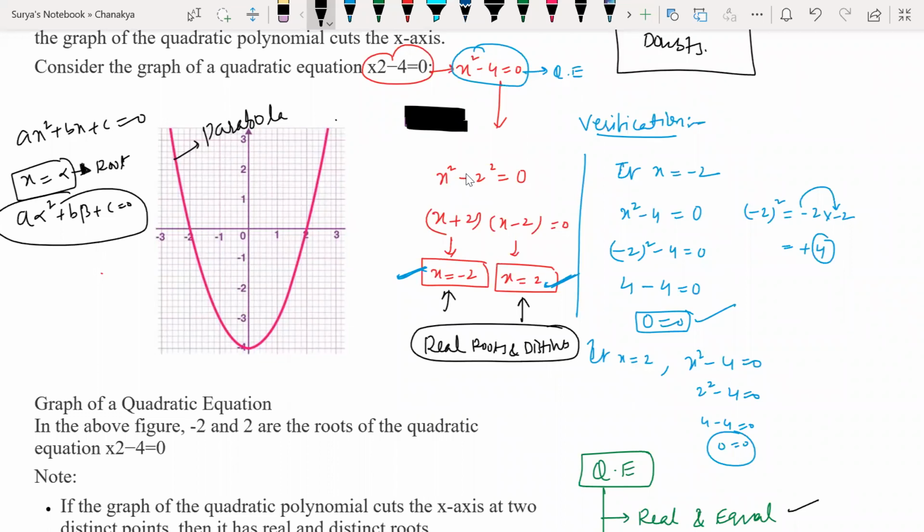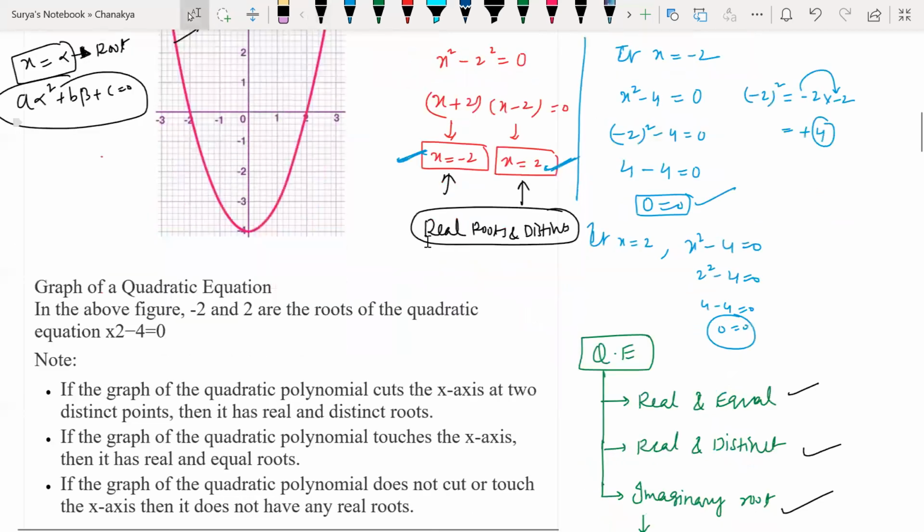The parabola questions, they will ask to find the signs of A, B, and C. Yes, we will learn that in 11th standard. If the sign of A is positive, how will the parabola be? We will learn it. I'll teach you in class 11. Now also we'll study. Ruko jara, sabar karo. Understood my point? Yes, okay, sir.